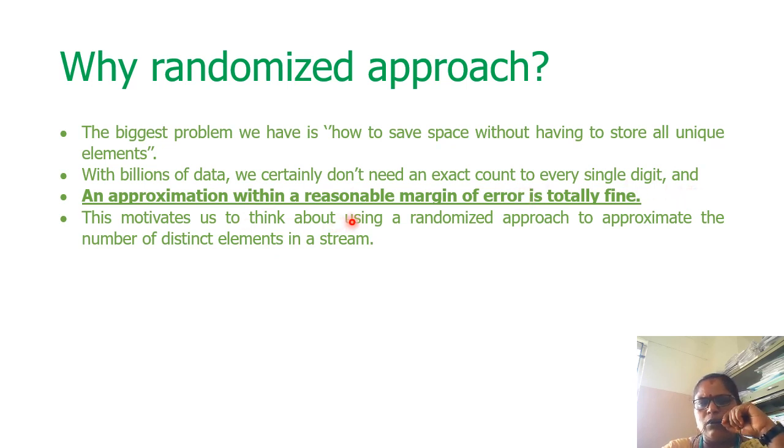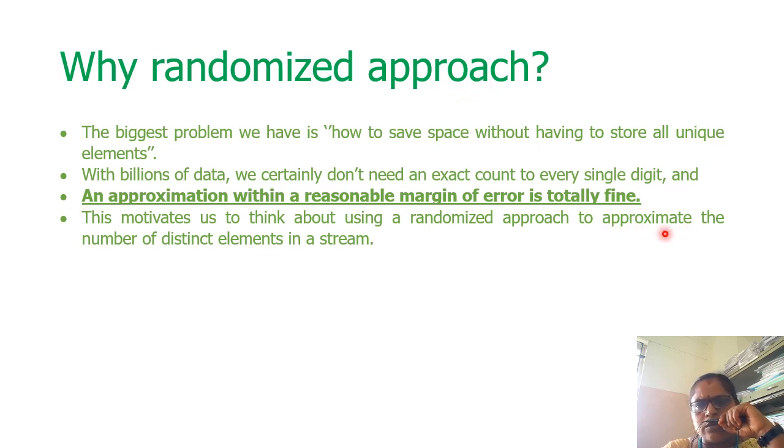An approximation within a reasonable margin of error is totally fine. Our data is too big, and we don't want very specific data. We will be satisfied with a nearly correct answer within a reasonable margin. This is the main idea behind the randomized approach.